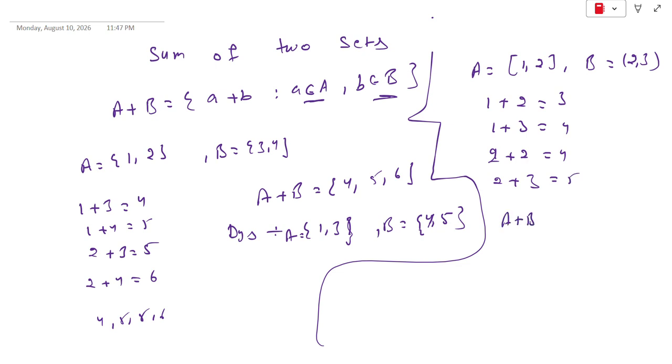So A + B is the interval from 3 to 5. Also we write, when the bracket is open, then the interval is open at that side. Here both sides are closed brackets. So this is my final answer. 4 also belongs to this interval.